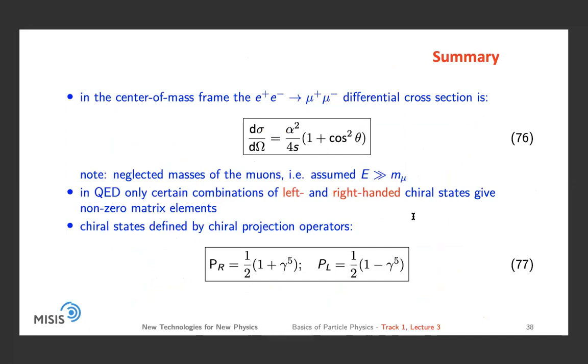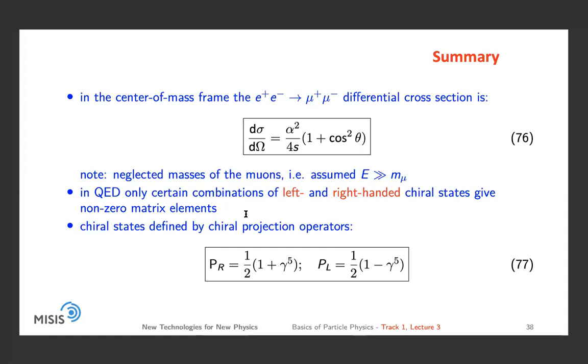The summary of all this discussion, which I arrived at very quickly at the end of this lecture, is that we obtained that in the center of mass frame, the differential cross-section for e plus e minus going to mu plus mu minus looks like this. Here we neglected masses of the muons and assumed that energy is much greater than the mass of the muon.